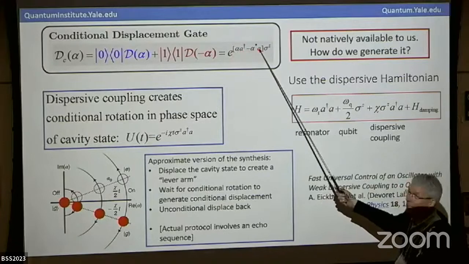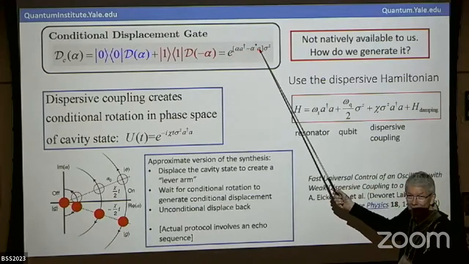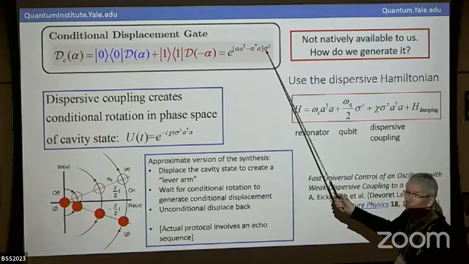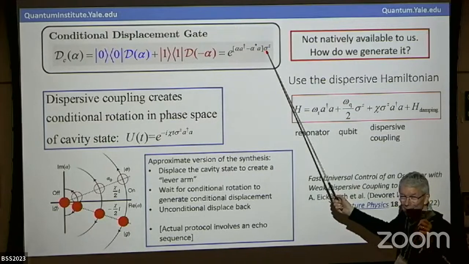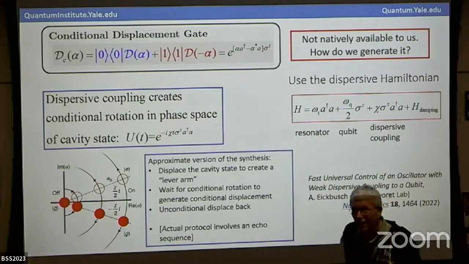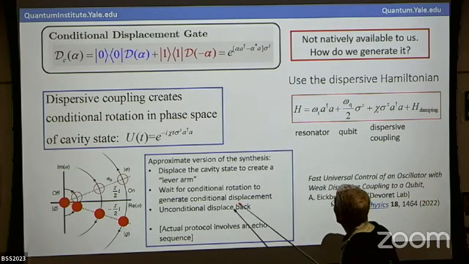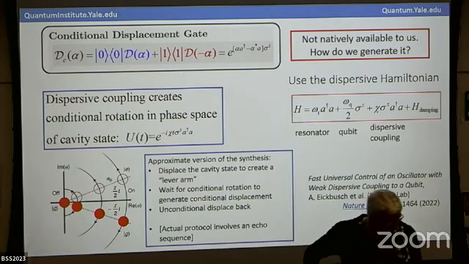This is a displacement of the cavity, but the sign of the displacement depends on whether sigma z of the qubit is 1 or minus 1. Does that help? Oh, okay, good.